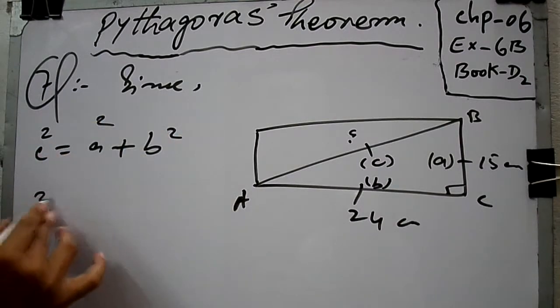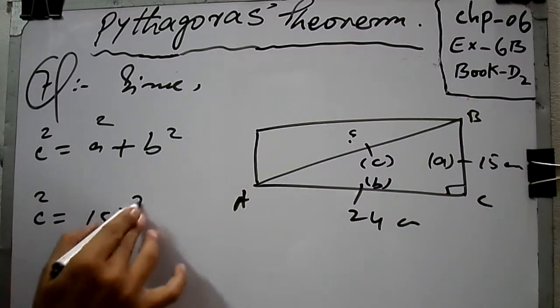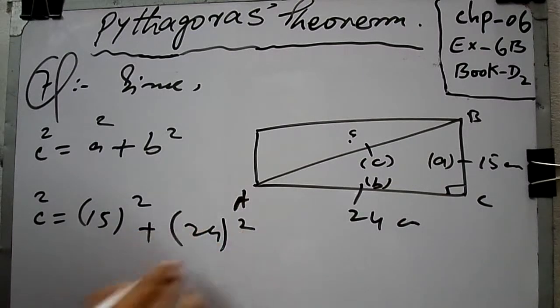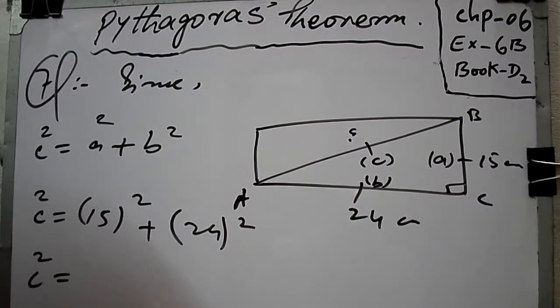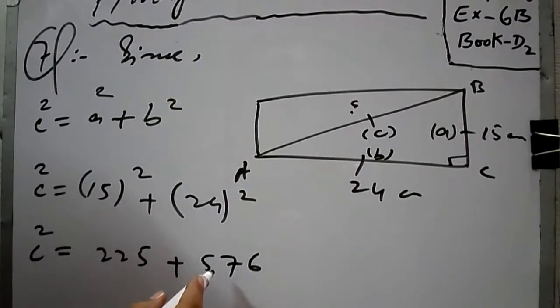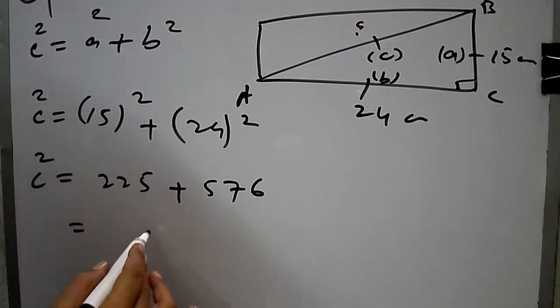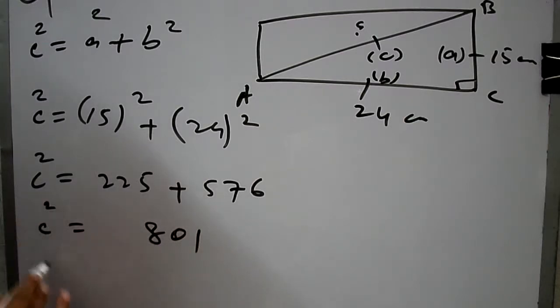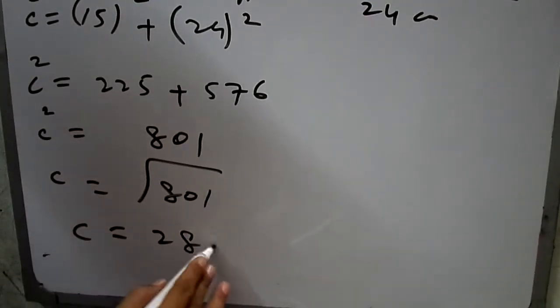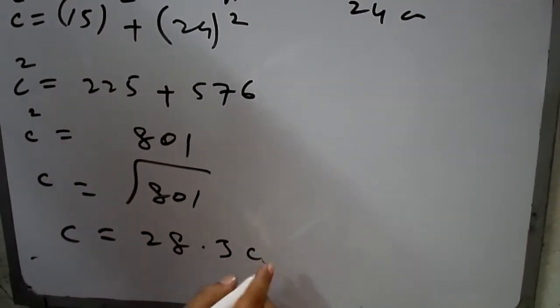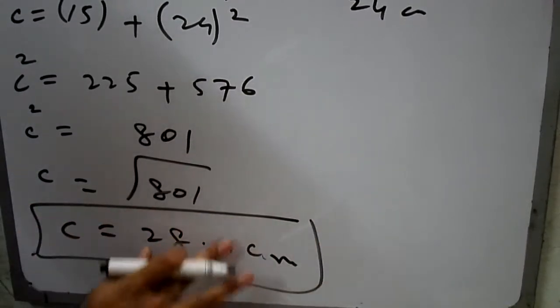Putting the values, C square is equal to the value of A is 15 whole square, plus 24 square. Simplifying, you will get 225 plus 576, that is 801, but you need the value of C. So 801 under root, the value of C is 28.3 centimeter. So that is your result. So write clearly.